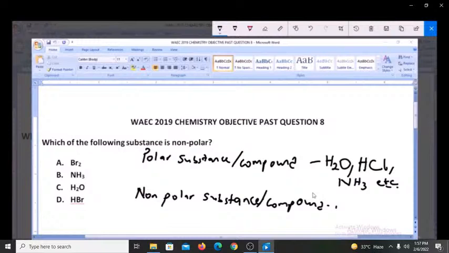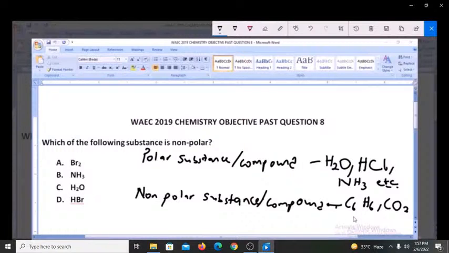Other examples of nonpolar compounds include hydrocarbons such as benzene. Carbon dioxide is also an example of a nonpolar substance, and then all the noble gases.